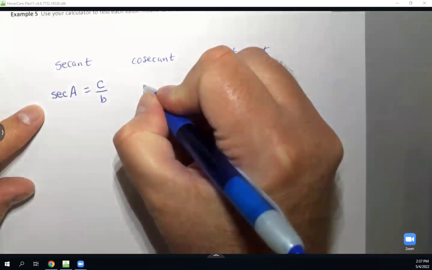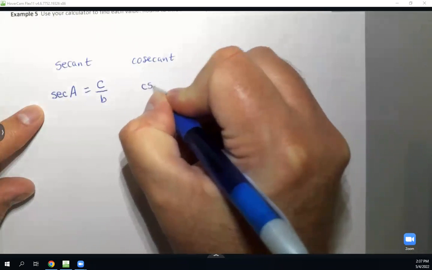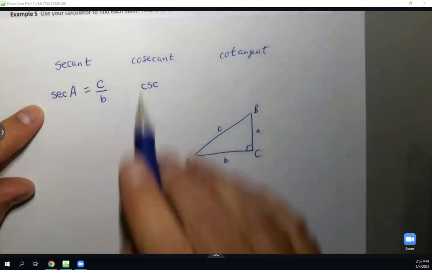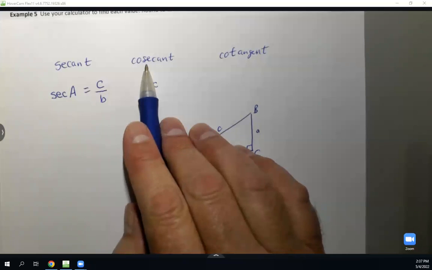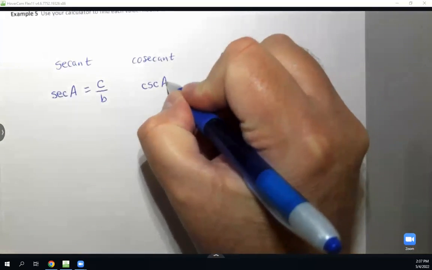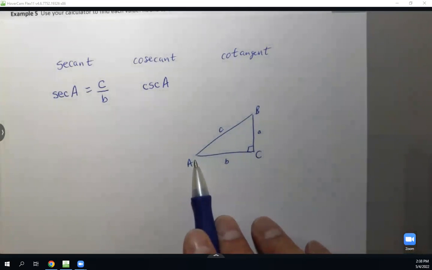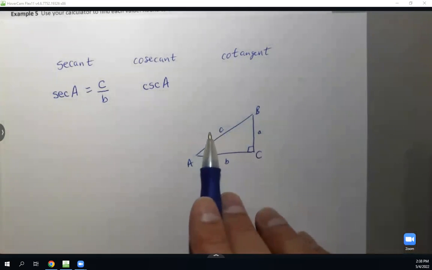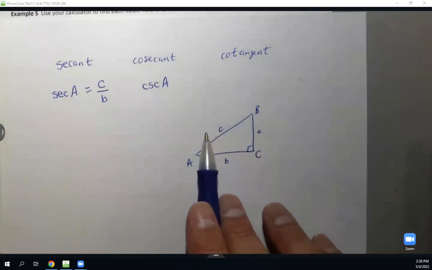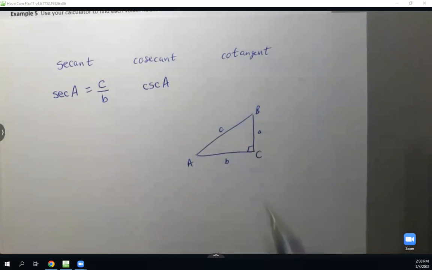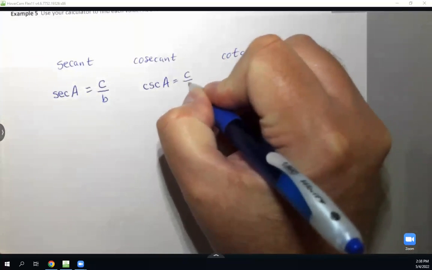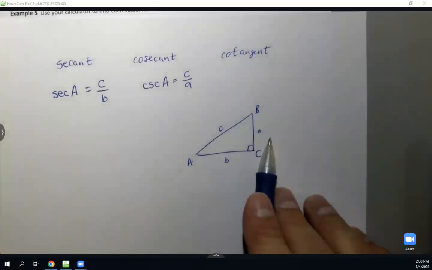The cosecant, which is abbreviated CSC, you can't do COS because that's cosine, right? So again, for A, sine is opposite over hypotenuse, cosecant is hypotenuse over opposite. So it would be C over A. Okay.